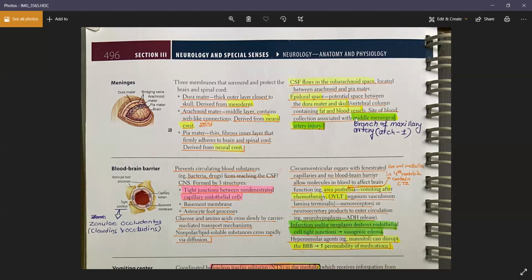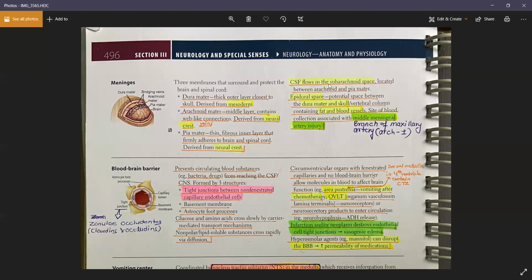This artery can cause an epidural hematoma. Whenever it gets damaged, blood accumulates within the epidural space, and as a result you get an epidural hematoma. That's all about it.